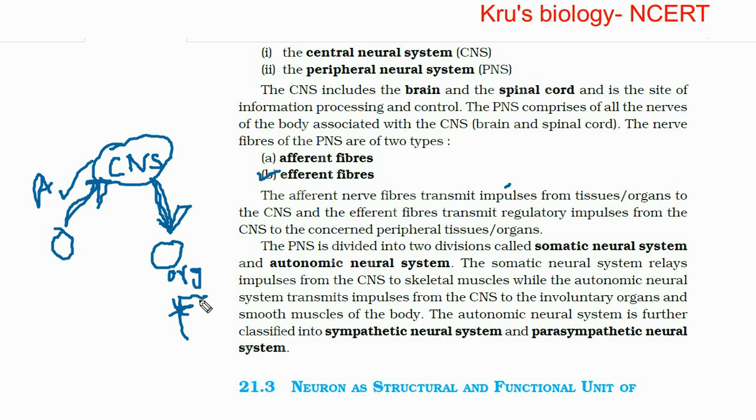Then you can pull your hand away from the hot object after transmission from the CNS to the tissue, right? Now generally the PNS is divided into two divisions, the somatic neural system and the autonomic neural system.